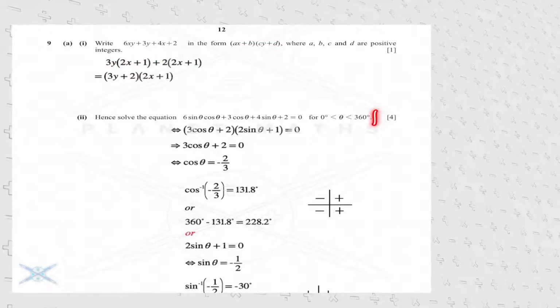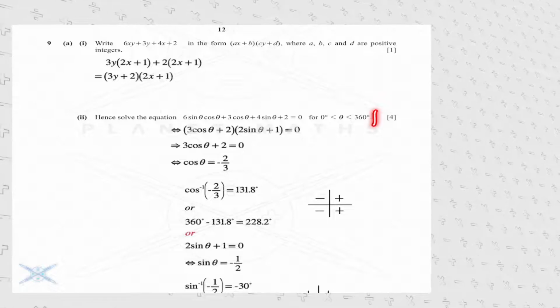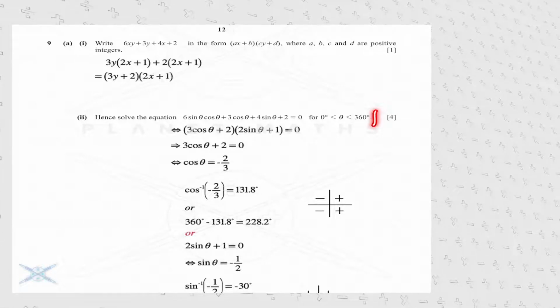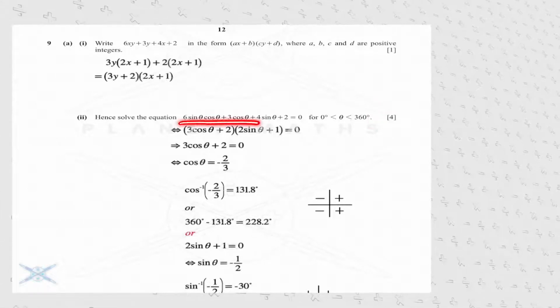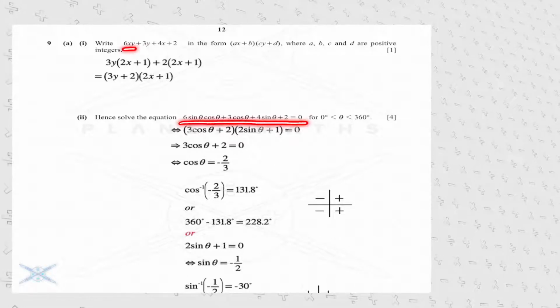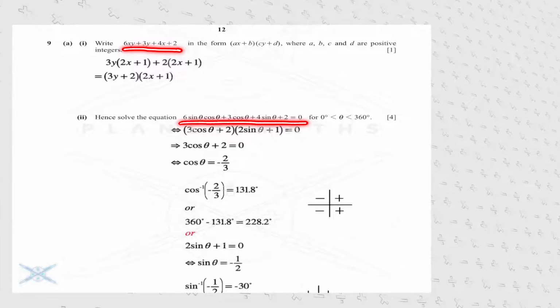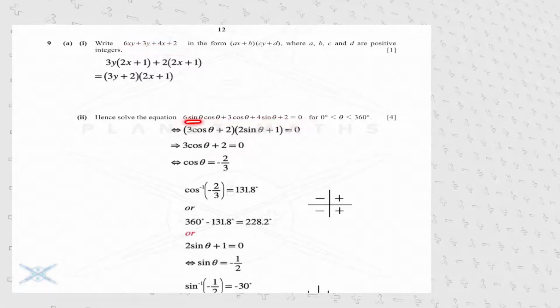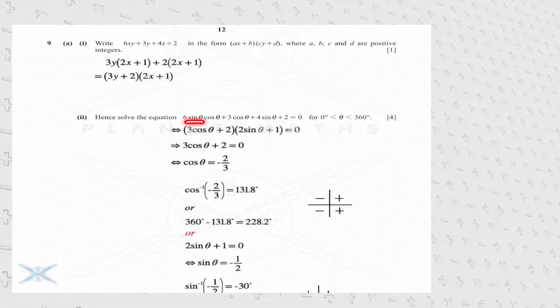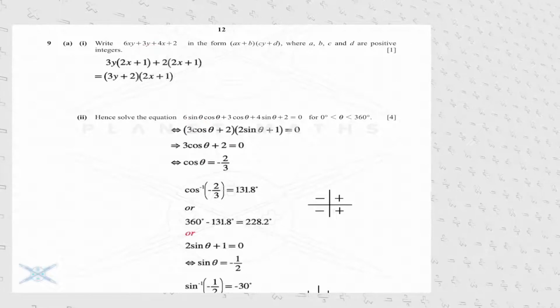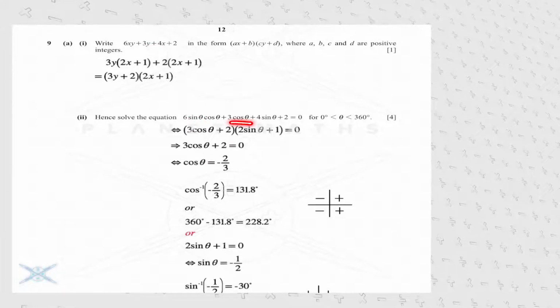From there, we are now supposed to solve the equation in part 2 of exercise A. Looking closely at it, we should see that there is a resemblance between both parts of the exercise. The only difference being that x has been substituted by the expression sine theta and y has been substituted by cosine theta, the rest remaining the same.